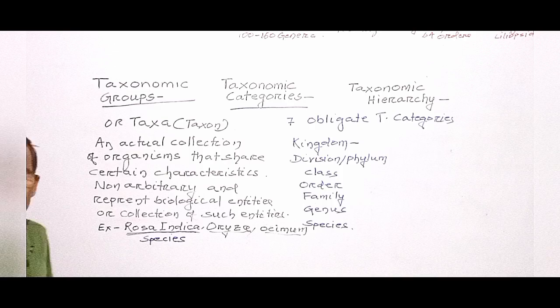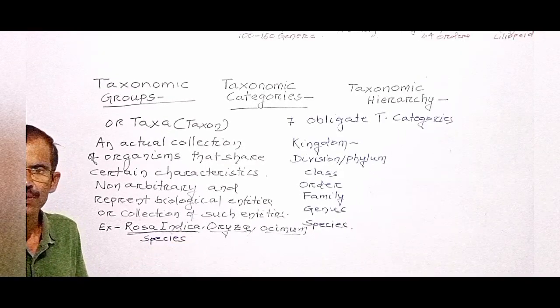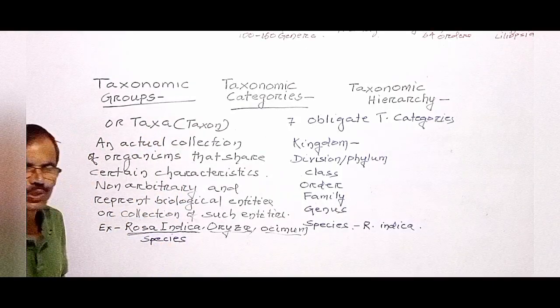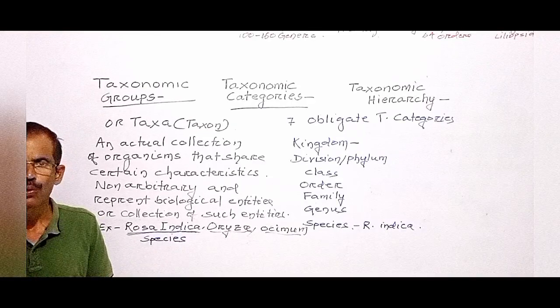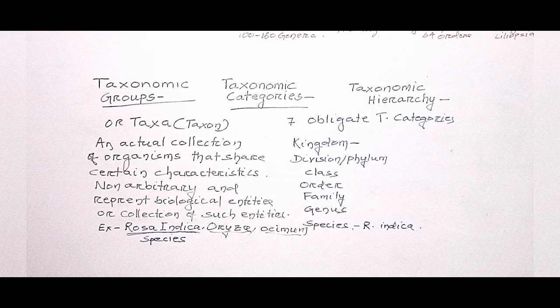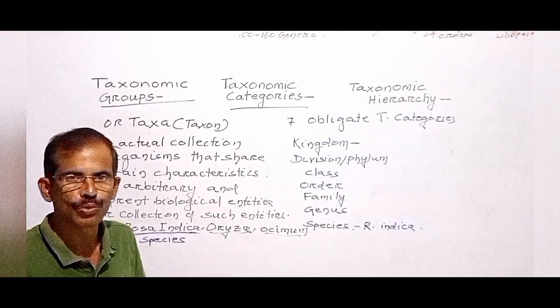What is species? Species is a group of closely related organisms capable of interbreeding. Rosa indica is a species which consists of a particular type of rose which share certain characteristics. There are about 150 to 200 species of rose.